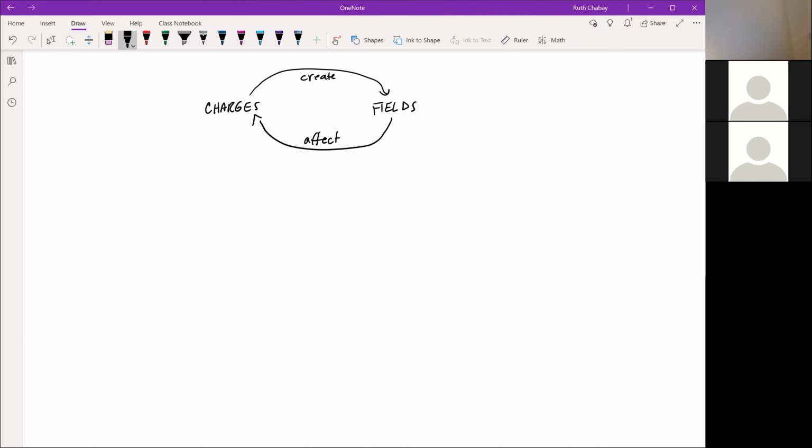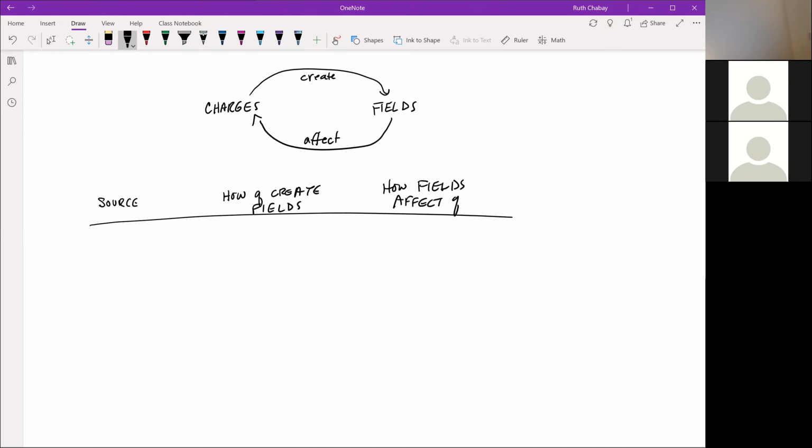So we have the sources here: how charges create fields, and how fields affect charges. If we make a table, if we have a charge that's not moving, we know that it makes an electric field.